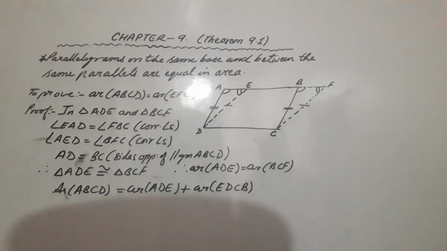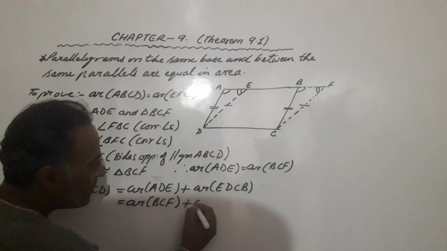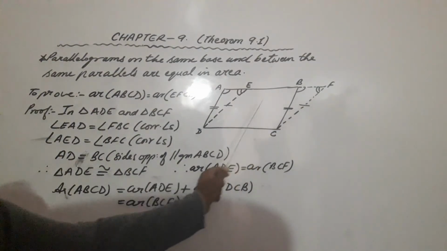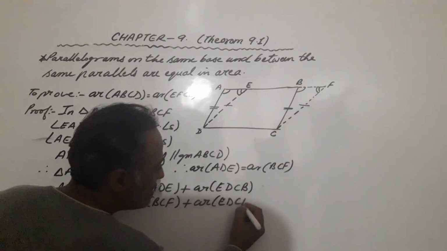Now what do we find? These two triangles are congruent, so the areas of both these triangles are the same. When they have the same value, we can replace it: area of BCF plus area of EDCB.